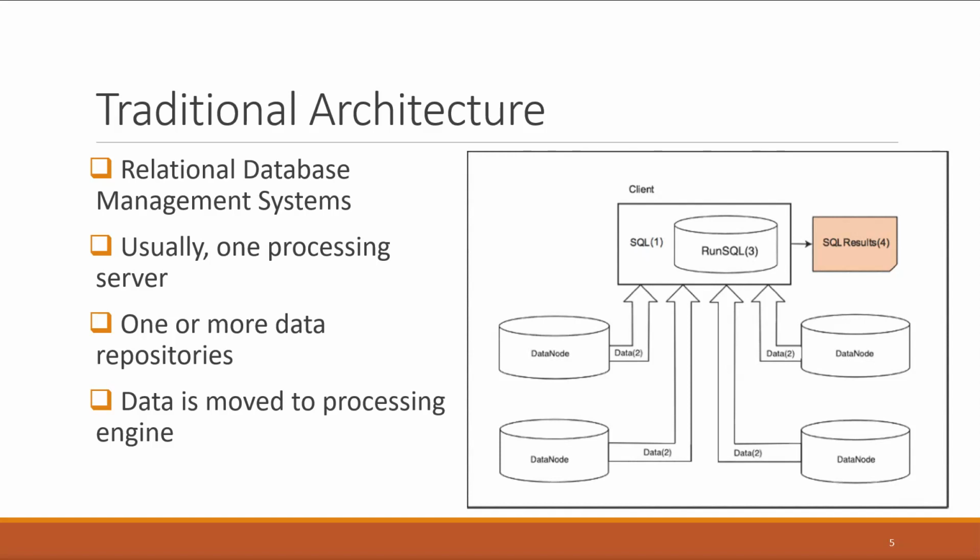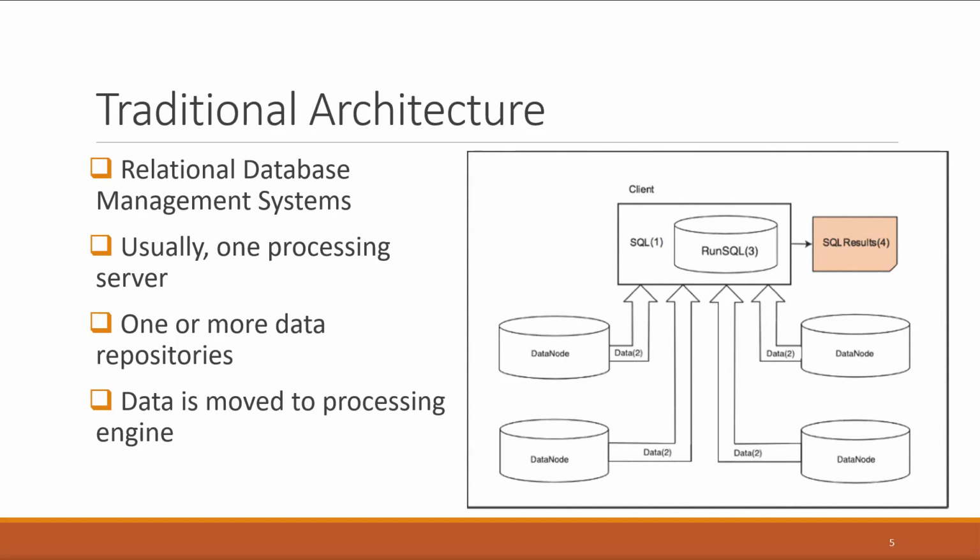And that's very convenient because of the way that the traditional architecture works: wherever the data happens to be sitting, you have to move the data to wherever the processing is taking place so that it can run through those processes. So in this particular case, SQL queries, for example. And then you can get your output. So that's actually what's being illustrated here.